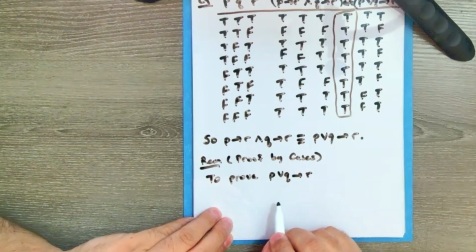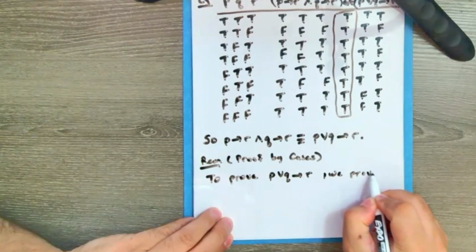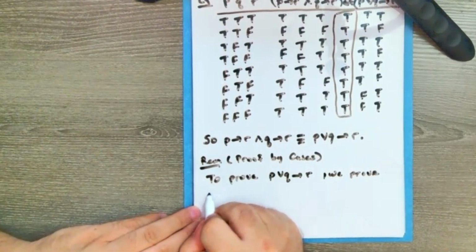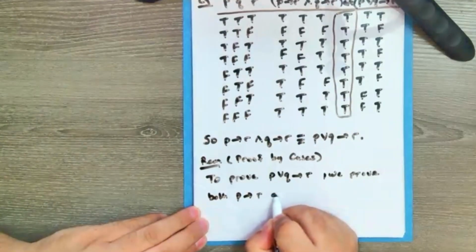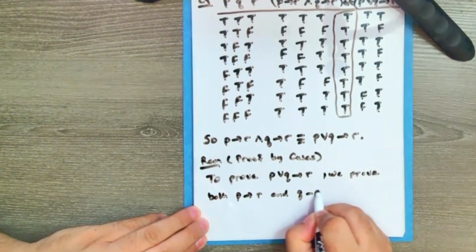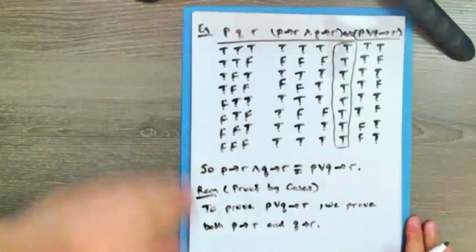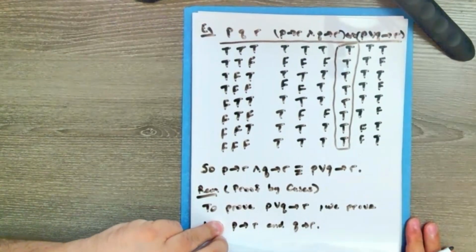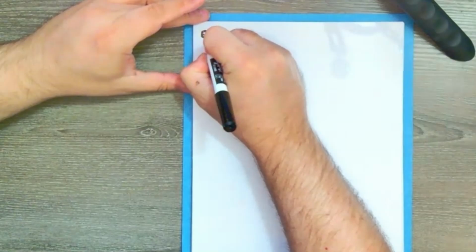So to prove an implication of this form, we prove both that P implies R and Q implies R. So let's look at an example.